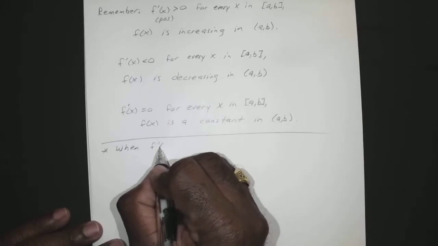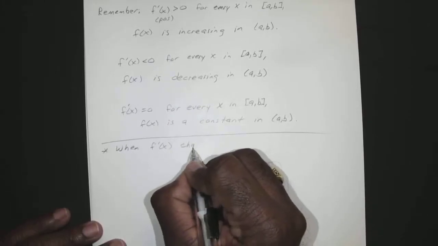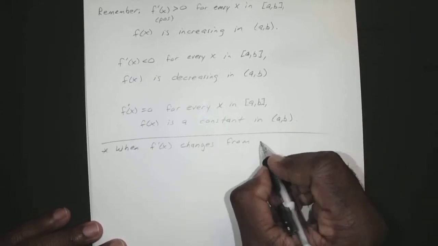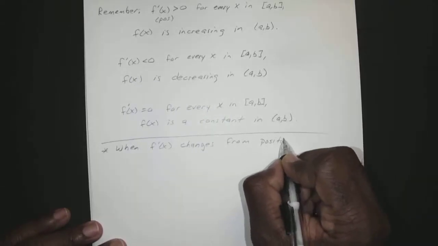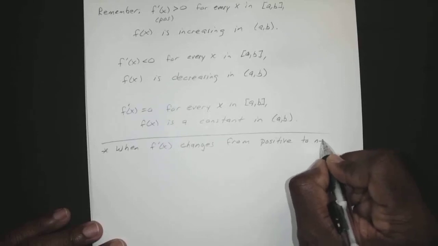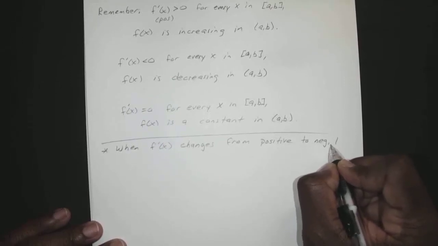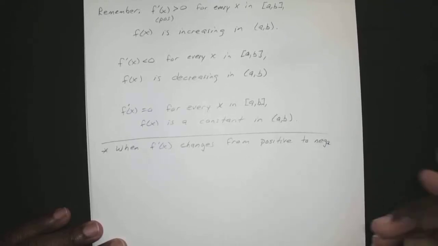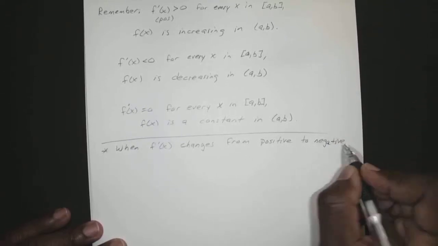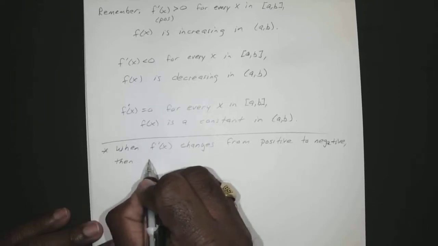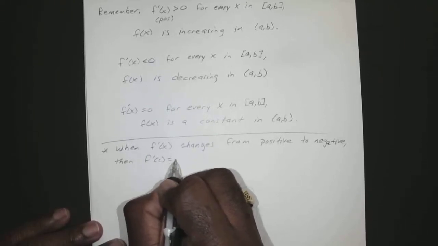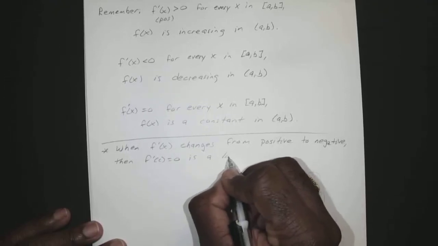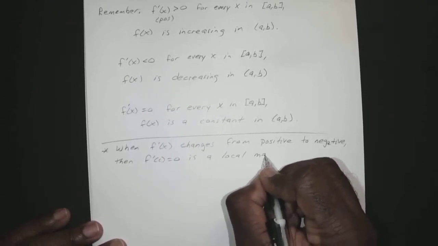So when f prime of x changes from positive to negative, then f prime of c equals 0 is a local maximum.